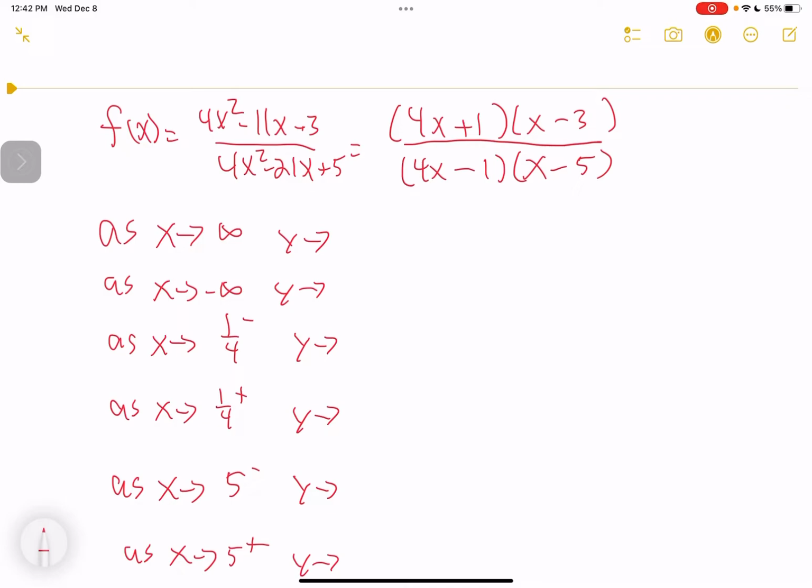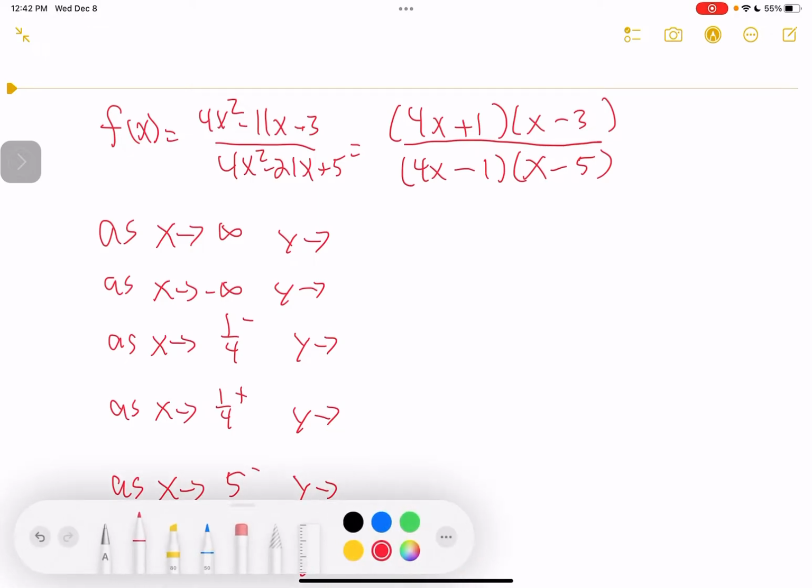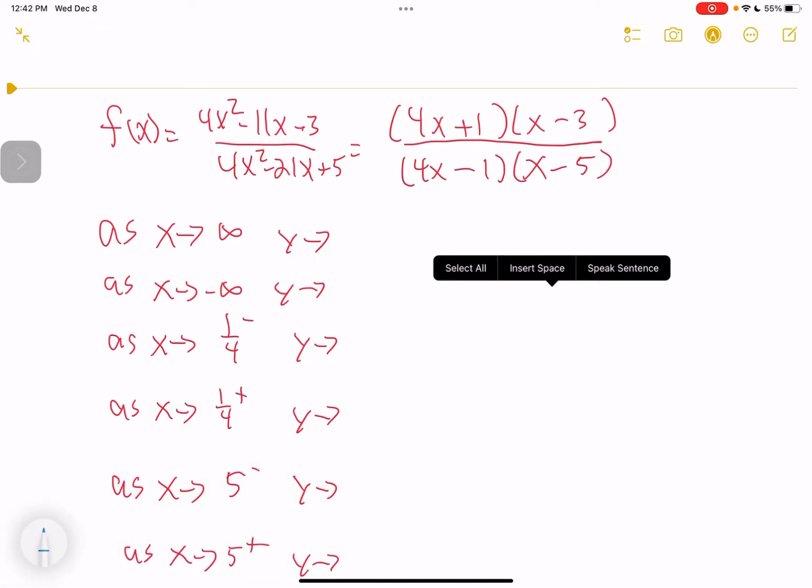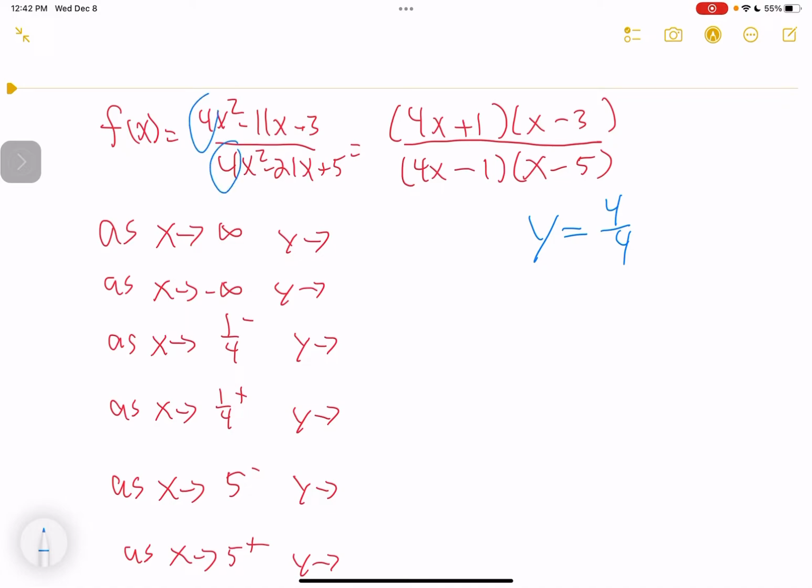They're both the same power, and they have the same leading coefficient, so our long-term behavior, y, is going to be approaching that 4 over the 4, because they are the same degree. So that's equal to 1. So our long-term behavior in both directions is going to be 1.